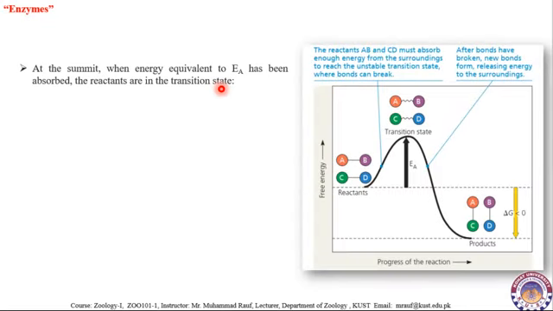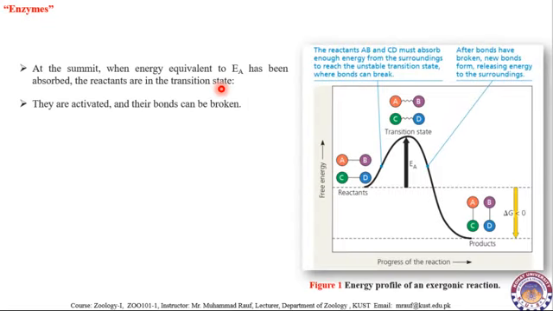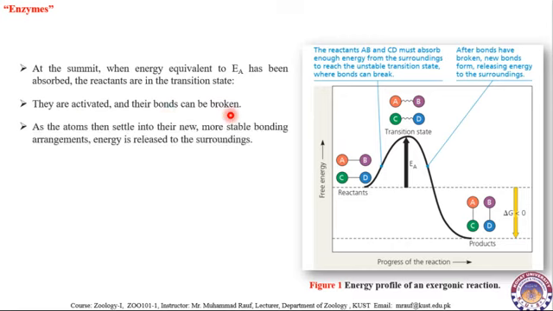At the summit, when energy equivalent to EA has been absorbed, the reactants are in transition state. They are activated and their bonds can be broken. As the atoms then settle into their new, more stable bonding arrangements, energy is released to the surroundings.